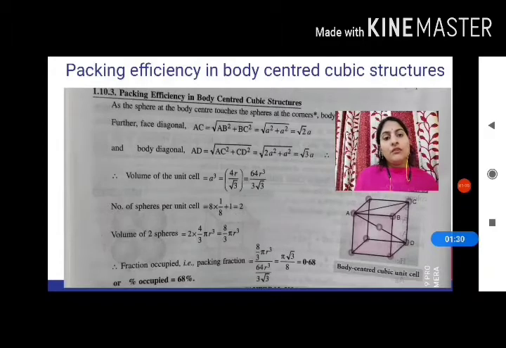The volume of one sphere is 4 upon 3 pi r cube, so the volume of two spheres would be 2 into 4 upon 3 pi r cube, that is 8 upon 3 pi r cube. Putting in the values of all the calculations we have done, that is the volume of the spheres, the volume of the unit cell and the number of atoms per unit cell, the packing fraction will equal 68%.